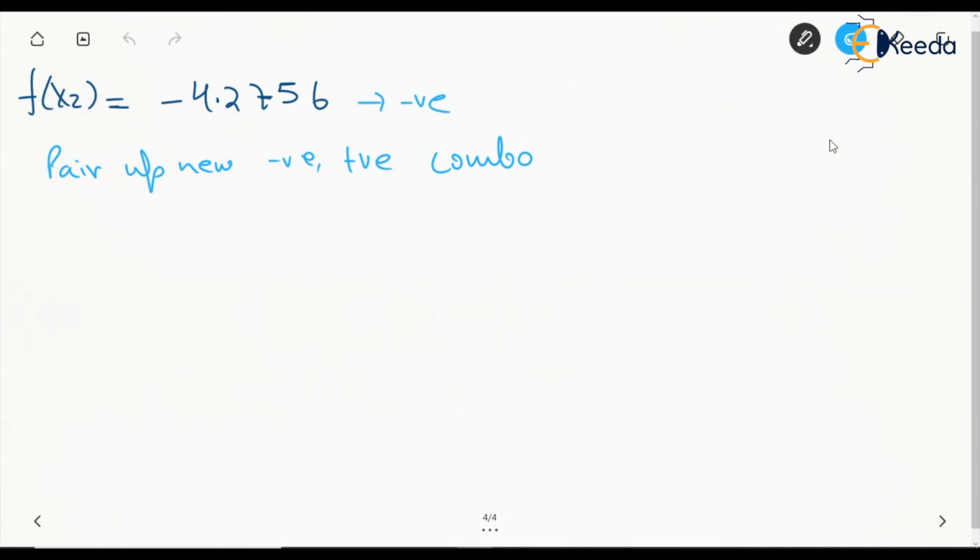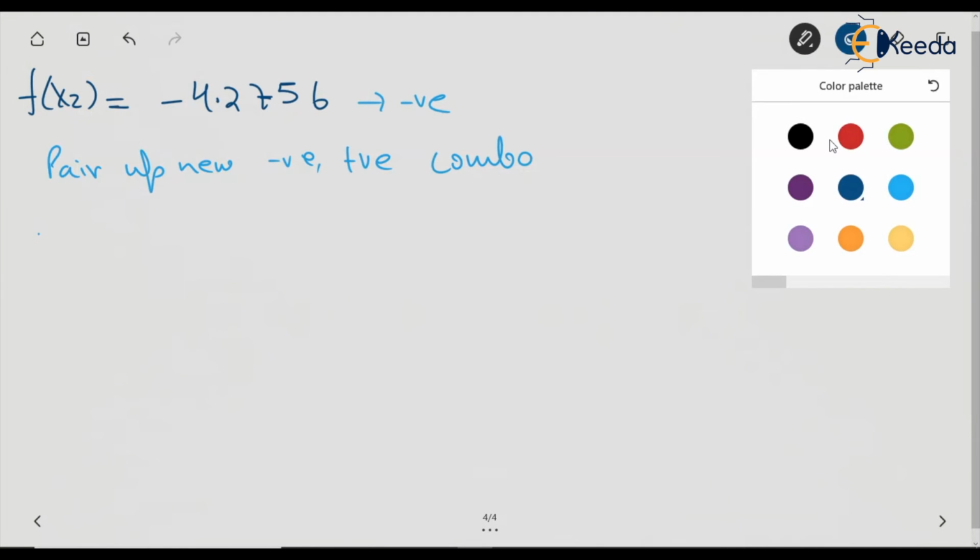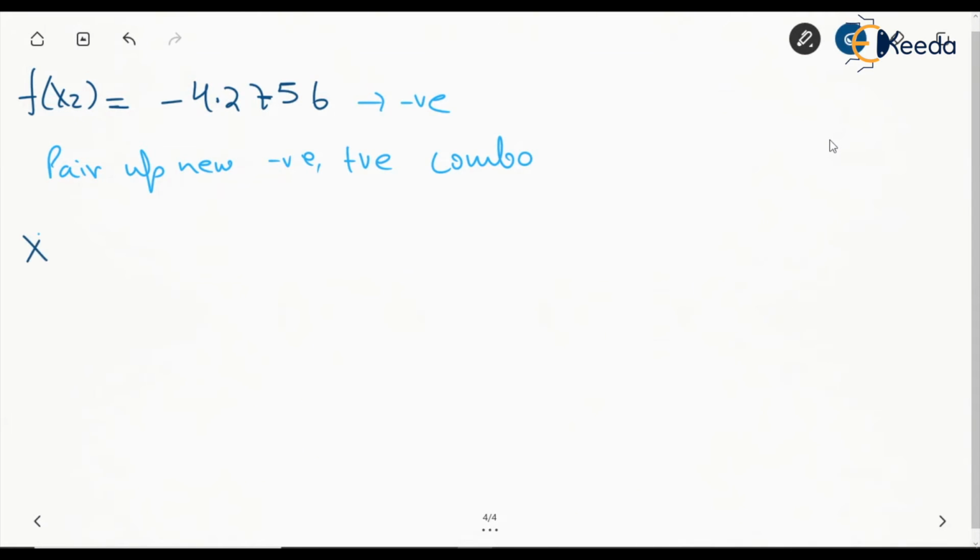Now, we'll move for the next iteration. This is x3 is equal to, so it will be f2 into x1 minus f1 x2 by f2 minus f1, right?